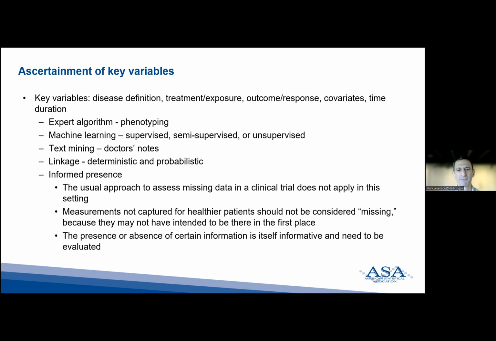So the actual presence of certain information is itself informative. I mean, you still have traditional missing data where something was supposed to be collected and is not in your data set. But there's kind of this broader concept of what's in your data set and what's not, and how you make use of that involves careful thought.